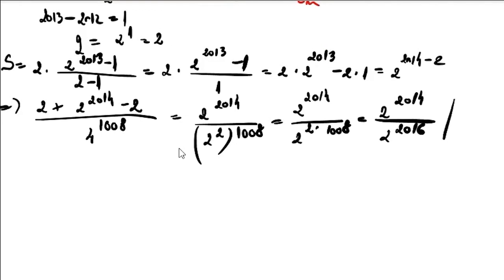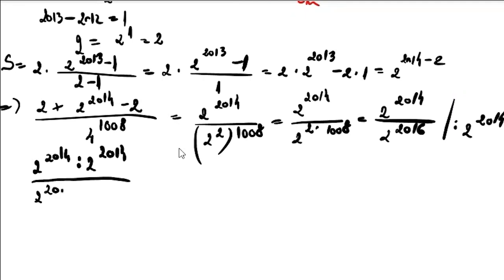Dividing by 2^2014, we would obtain 2^2014 divided by 2^2014 over 2^2016 divided by 2^2014.